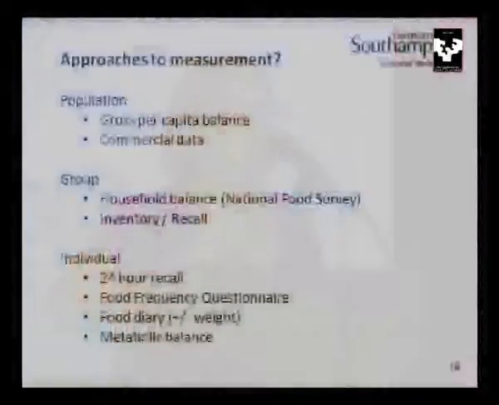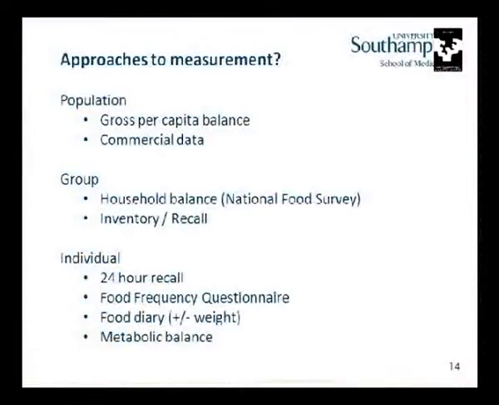So in terms of approaches to assessment, at the population level you can use food balance sheets. Our governments produce these, FAO compiles them, and you look at food availability per capita, how much milk per person, how much meat per person, and get some estimate of whether there's enough.